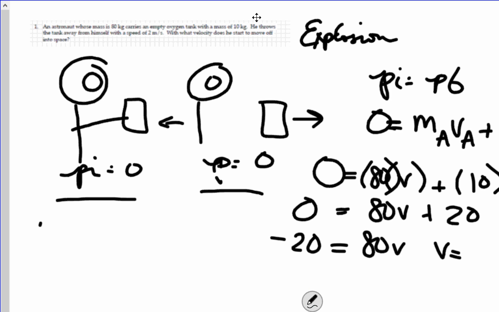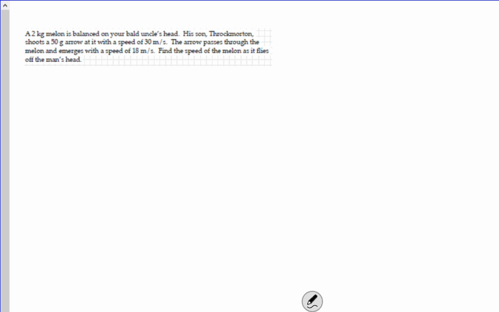If you don't want a negative velocity for the astronaut, then make the tank negative instead. I don't care, as long as I can see the setup and that you're making sure they have two different directions. That's really rather critical.